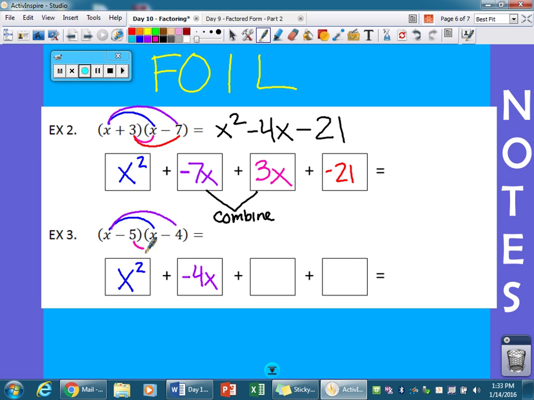Next one, inner, negative 5 times x, negative 5x. And now our last, negative 5 times negative 4. A negative times a negative gives me a positive 20. Again, we can combine these two.